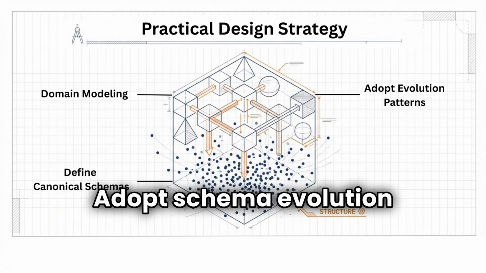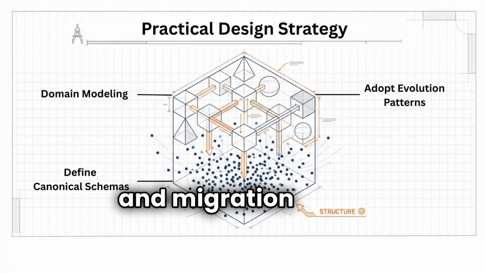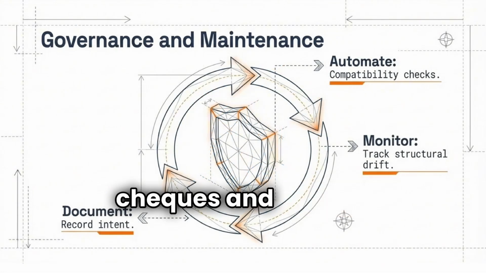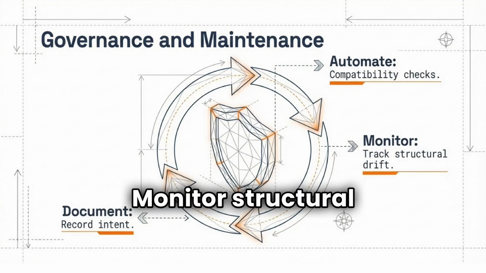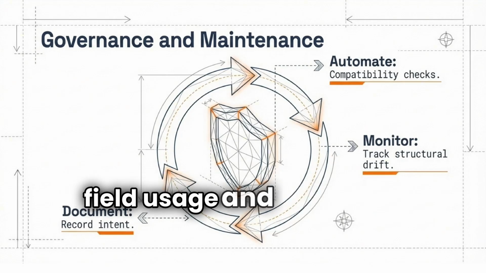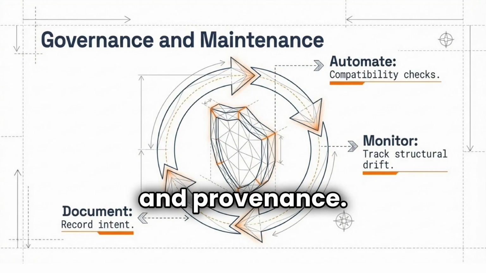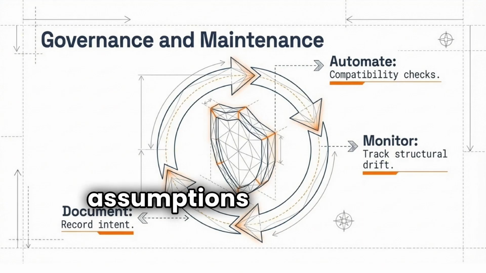Adopt schema evolution patterns such as additive changes, feature toggles, and migration plans for breaking changes. Automate compatibility checks and include structural tests in CI pipelines. Monitor structural drift over time by tracking schema changes, field usage, and validation failure rates. Document intent and provenance. Explain why fields exist, how they were measured, and what assumptions were made.